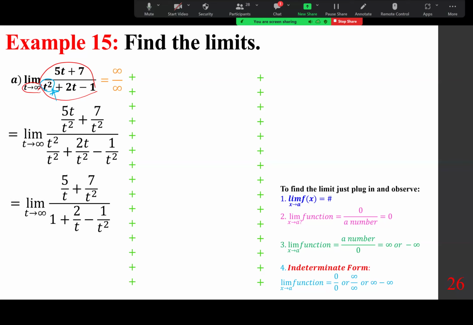And it simplifies to the following. Because we can't simplify it further, we are going to plug in 5 over t, 7 over t squared, 2 over t, minus 1 over t squared. All of them go to 0 because the denominator is huge. So notice we have 0 plus 0 over 1 plus 0 minus 0. Please understand this is 0 over 1, and that is equal to 0. So it's pretty straightforward.